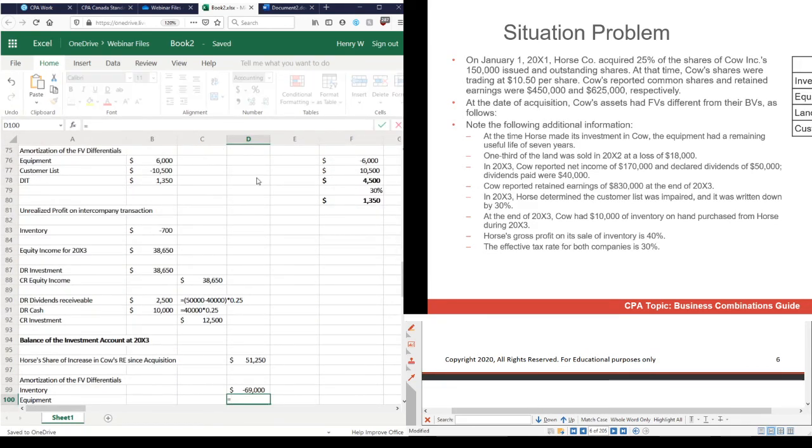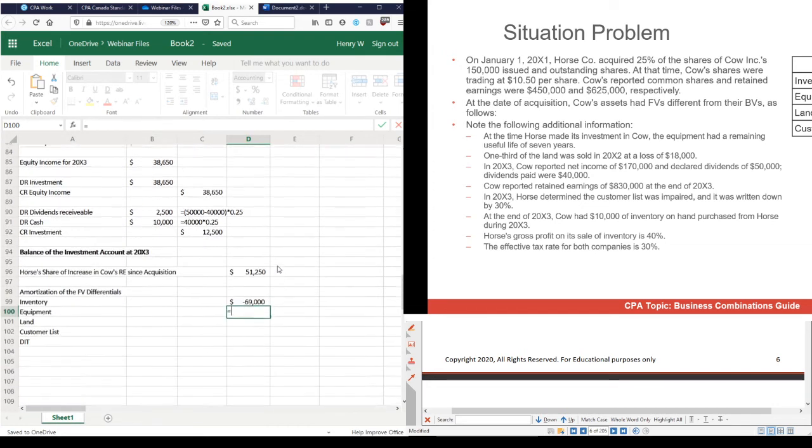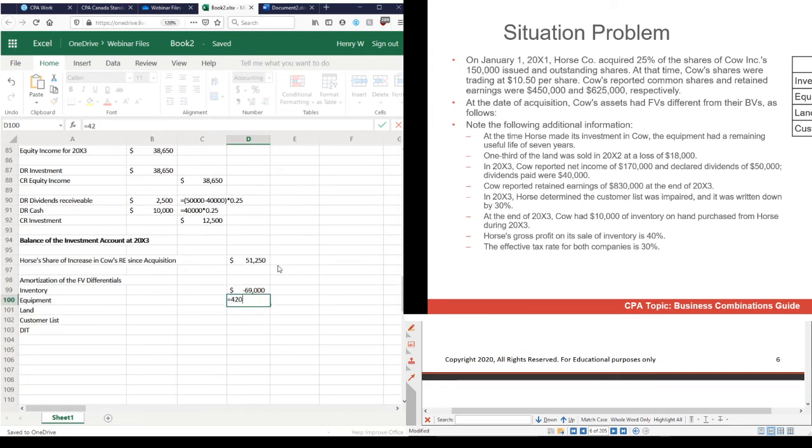Equipment is 42,000 divided by amortization of 7 per year times 3 years, so 18,000. Land is 24,000 divided by 1/3 over the 3 years. Customer list, it's been impaired, the 35,000 times 30%.